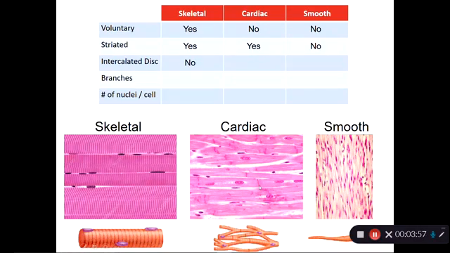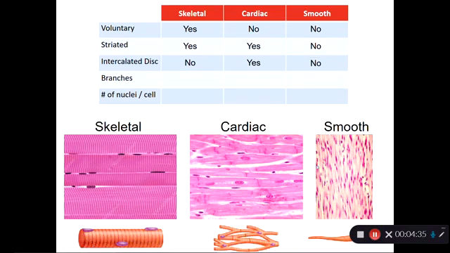Skeletal muscle is one continuous cell, while cardiac muscle is actually a couple of cells hodgepodge together. That dark pink is your characteristic, where you need to highlight. This is the defining feature of cardiac muscle, the intercalated disc that stains really, really well. So yes, cardiac muscle, and you can't really see any intercalated discs for smooth, so no.